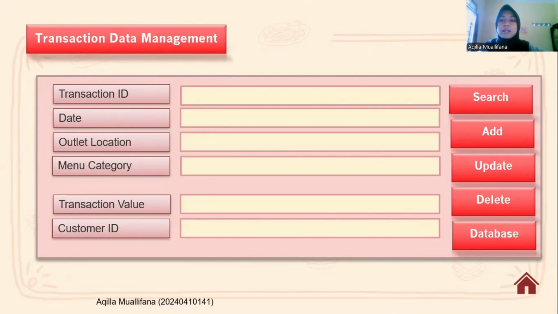For example, if users want to search for transaction data, they can enter the required information such as transaction ID or outlet location, and then click the search button.